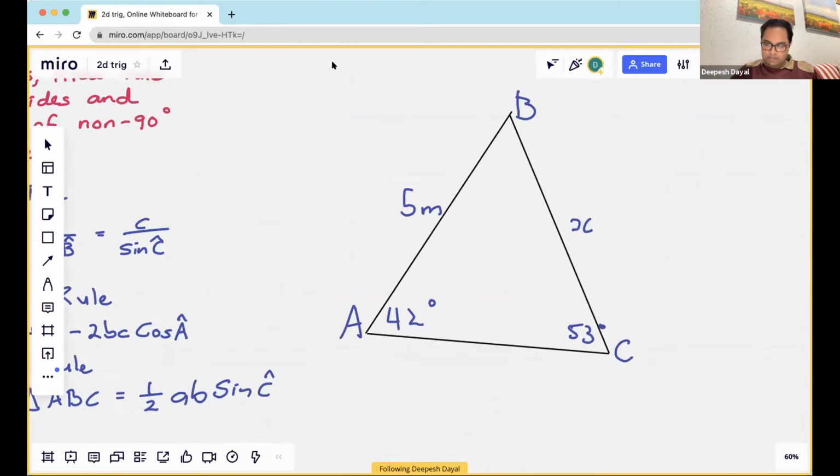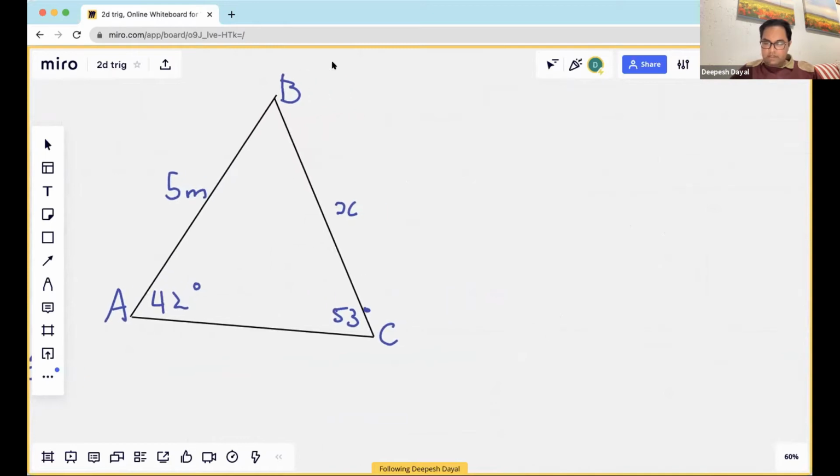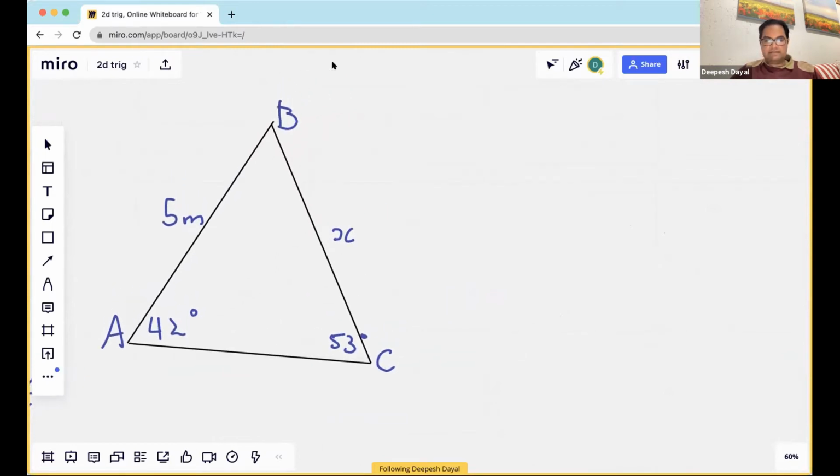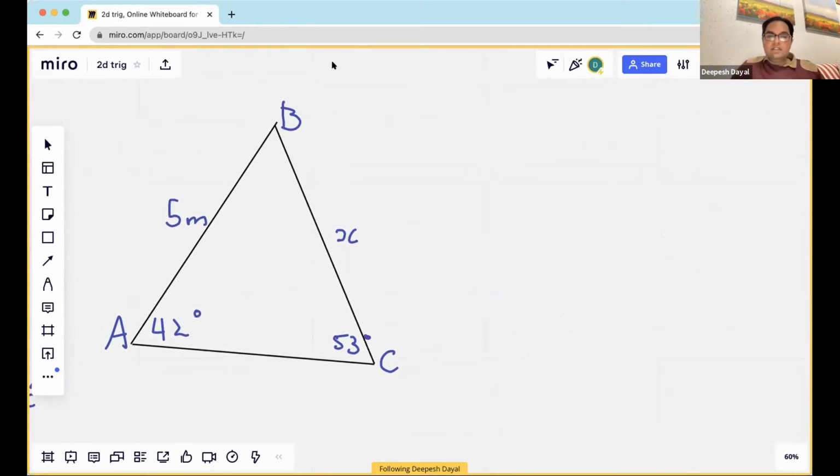Okay, we need to move this across now. So this question wants us to find x. So what we're going to do with this one, we have two angles and one side. We need to find a missing side, right? Now let's write the formula out for the sine rule.